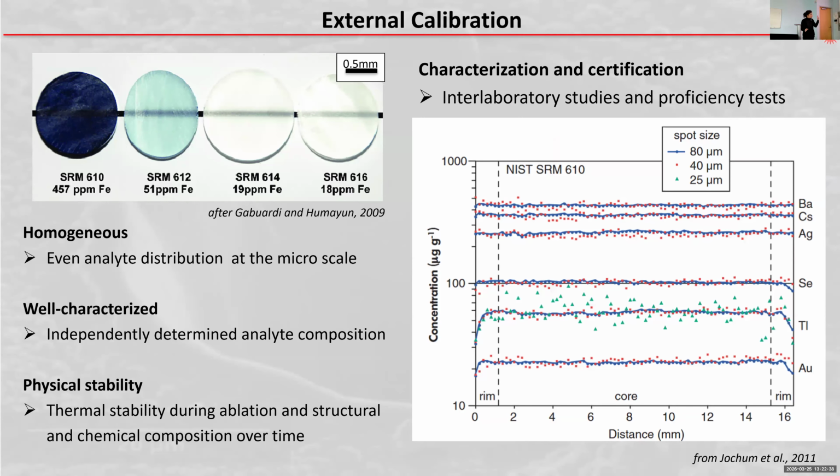So what proved to be useful are the so-called certified reference materials, like this NIST series. It is a series of synthetically fused soda-lime silicates. They have been spiked with specific amounts of trace elements, gradually from 400 ppm to 40 ppm and even less, and they have been made sure to be homogeneous.